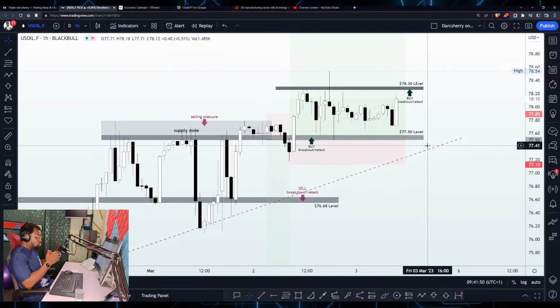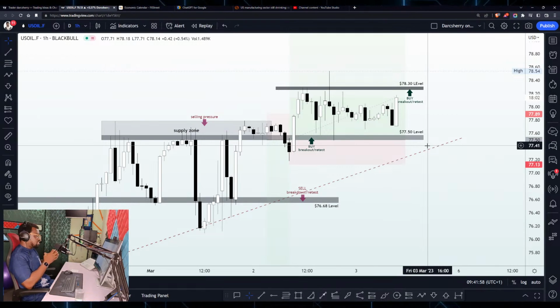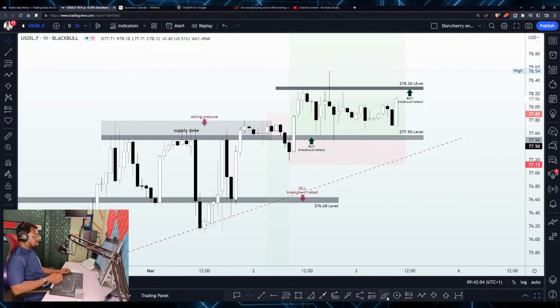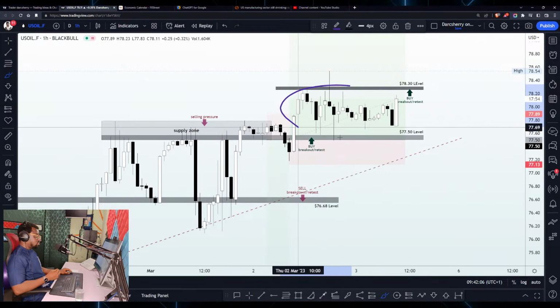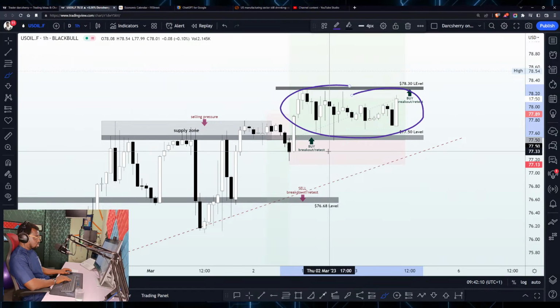So if that is going to be happening, definitely we want to be positioning ourselves in such a way that we can catch that move. And with the current situation we have here, price action trapped within a channel between the $78.30 level and the $77.50 area, you would agree with me that we are at a critical point.